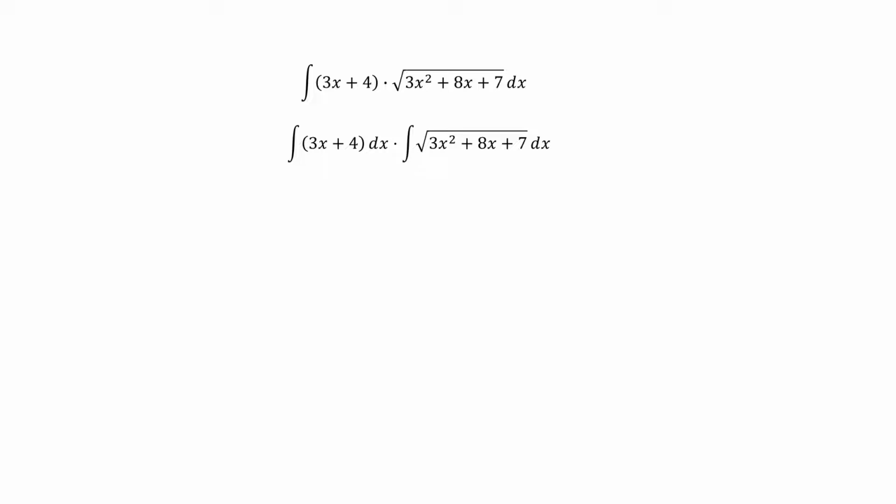Integrals don't work that way on products, except in rare cases, not one of them. So if the integral doesn't distribute to a product like this, that then becomes the question of what do we do to integrate a product?